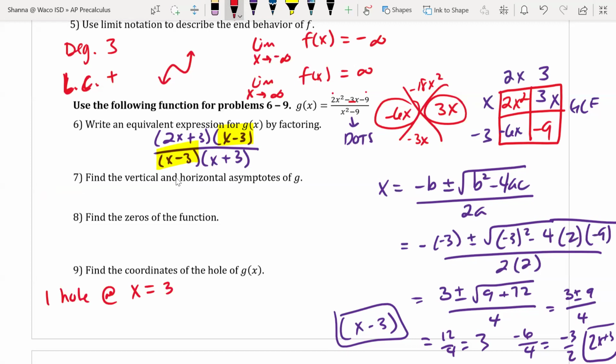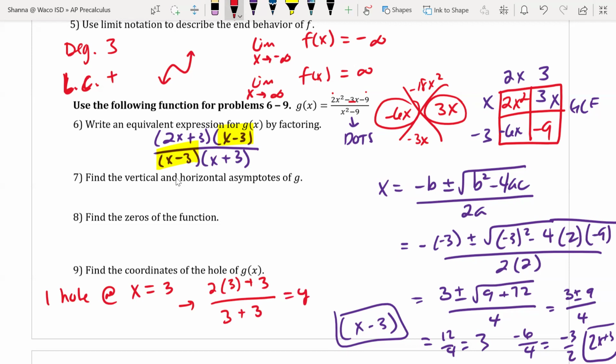To find the coordinate of the hole, that means you're plugging this in after you've eliminated it. So to find the coordinate of the hole, I'm going to plug in x: 2 times 3 plus 3 over 3 plus 3. I already have the x. I now need to find the y.